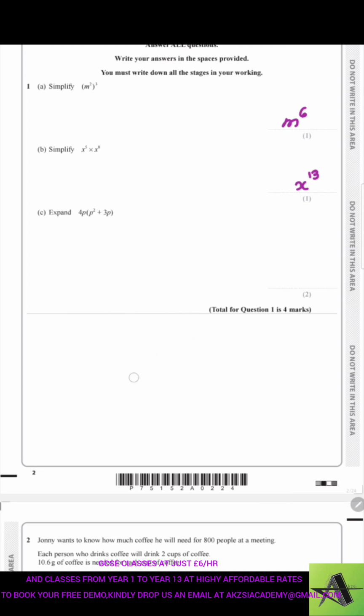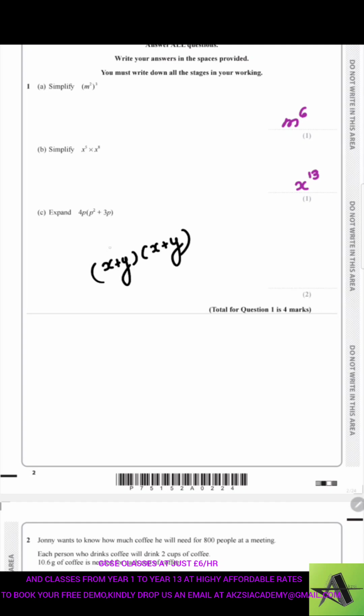There is about expanding the double bracket as well. So suppose this is x plus y times x plus y. There is a simple way. You can dissociate this double bracket into single brackets.